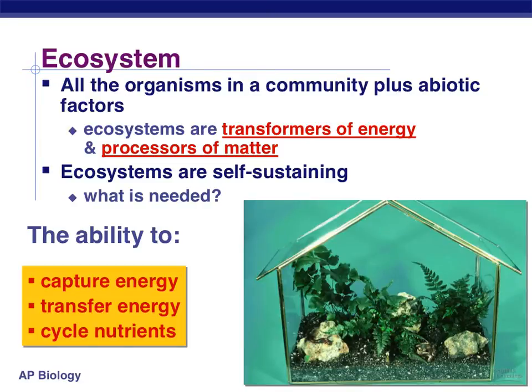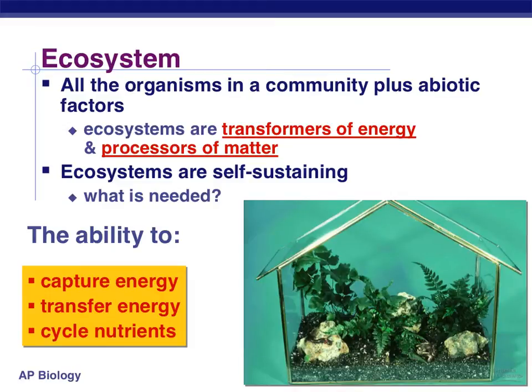All right, so I said that we're talking about ecosystem dynamics today, so let's start off by talking about what an ecosystem is. So an ecosystem will be all the organisms in a community plus the abiotic factors that those organisms have to deal with. So ecosystems are really just giant transformers of energy and processors of matter. We just changed the form of tons of things, energy and matter.